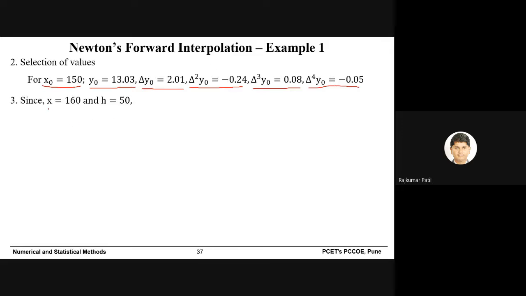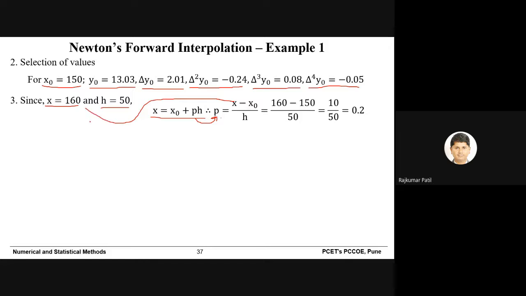Now we are interested in x equal to 160, and we know that for the given data h is 50. So we have to calculate the value of p, and we know this formula, x is equal to x naught plus ph. So put p on the left side and take all other values to the right side, so that your equation will become x minus x naught upon h, where x is the value of interest, that is, we are interested in the value of y for x is 160.